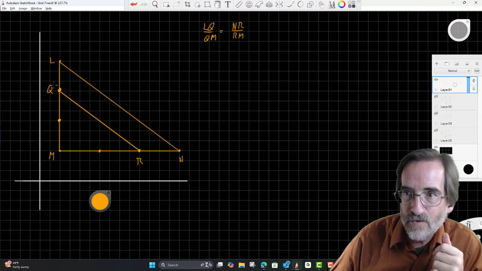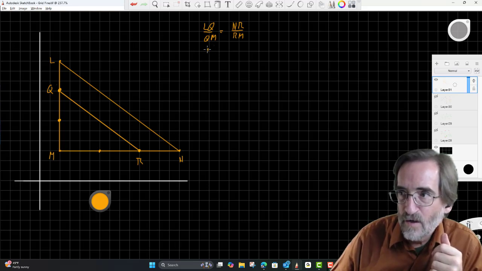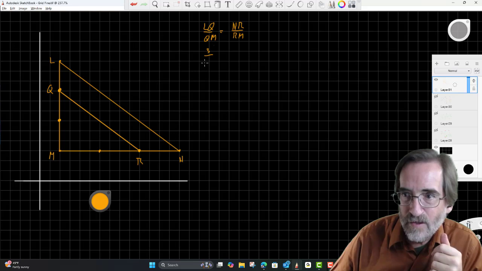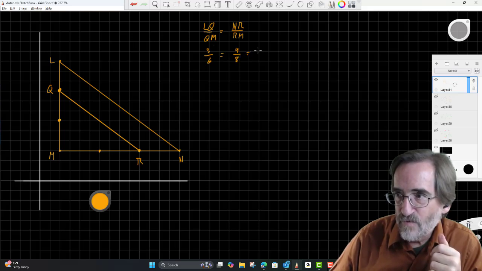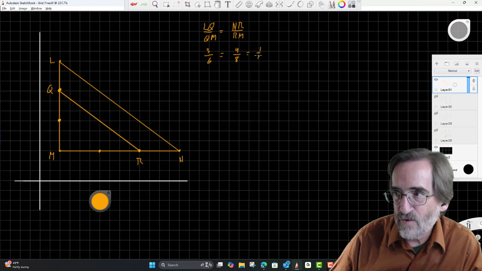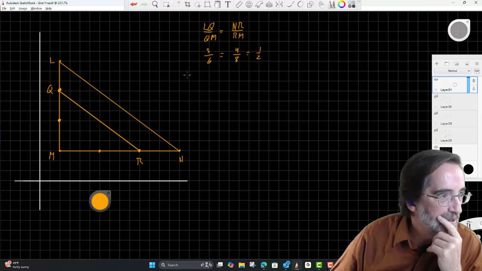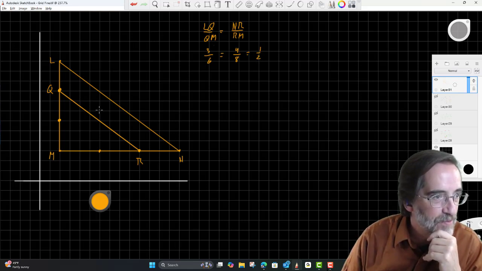Substitution, LQ is 3. QM is 6. NR is 4. RM is 8. And this is a ratio of 1 to 2. They both reduce to 1/2. So we have verified that the sides are split proportionally. Of course, we set them up to be so.